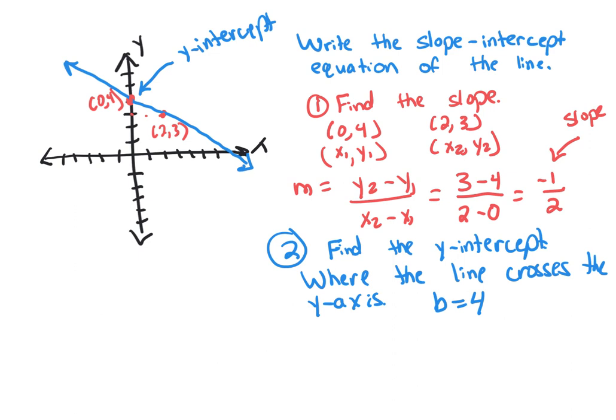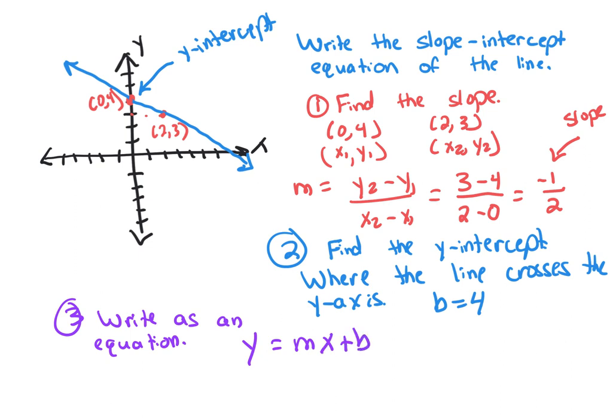Step 3, write it as an equation. We know slope-intercept form is y equals mx plus b. We're going to rewrite the y, rewrite the equals, and for our m, we put our slope.